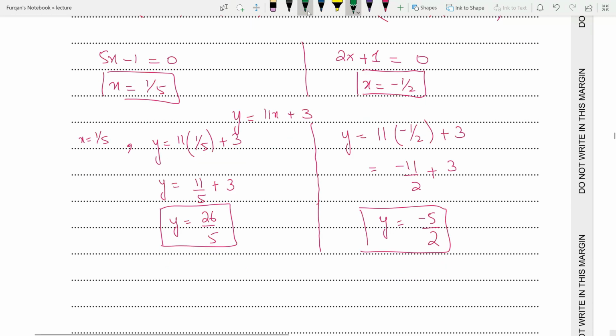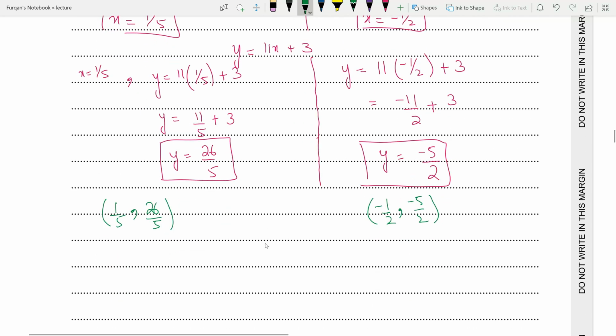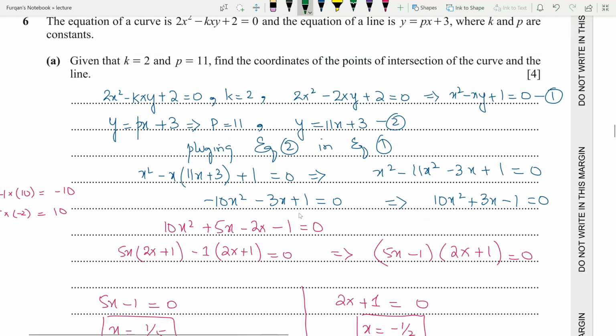So we can say that for the x coordinate negative 1/2, we have y coordinate negative 5 over 2. This is one intersecting point, and the other intersecting point, for x equal to 1 over 5, is y equal to 26 over 5. So these are the two intersecting points. We have calculated the required intersecting points.